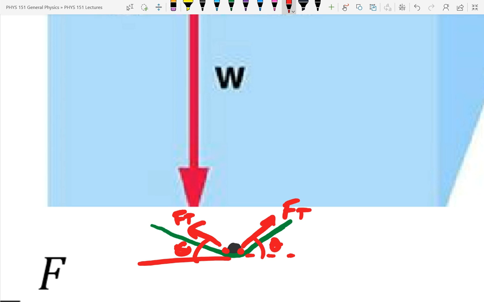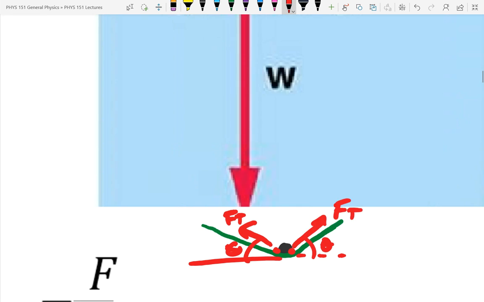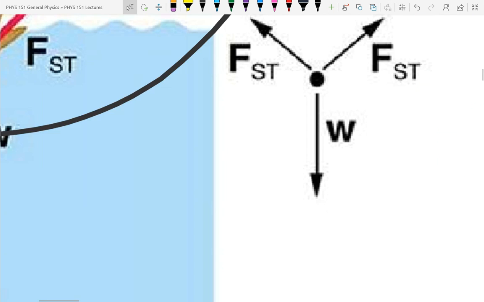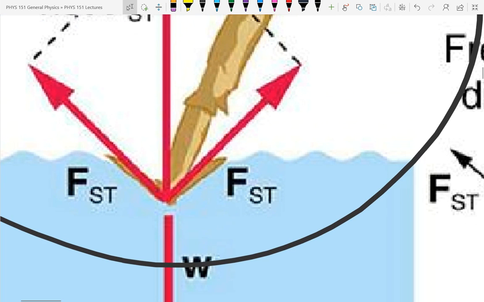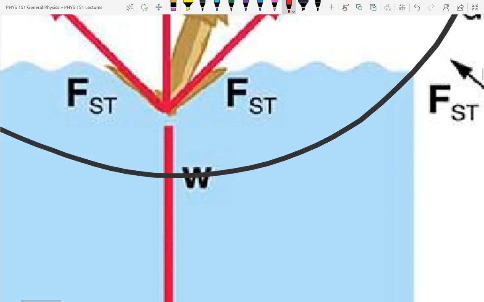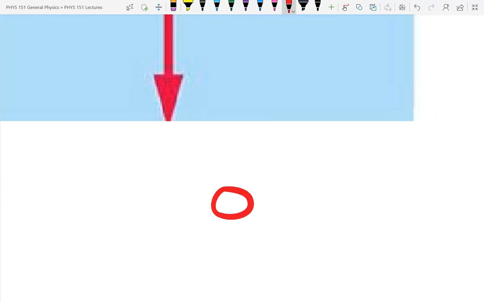And so if we put the skeeter eater's foot on the water, it looks very similar, except if you looked from the top down or the bottom up just on the contact, the contact is a circle with the water going up all around it, so the water's going like this.